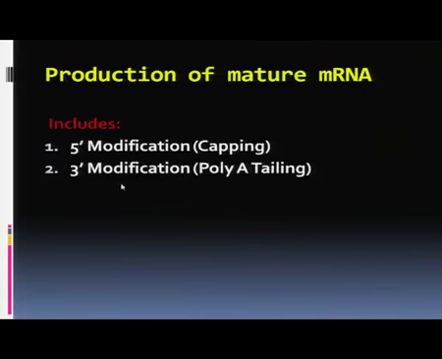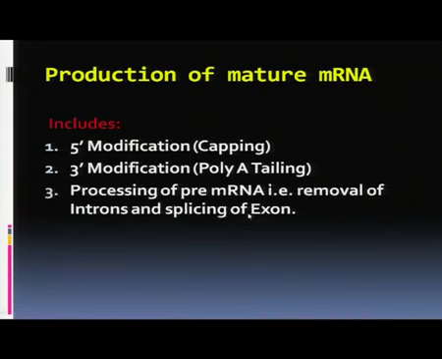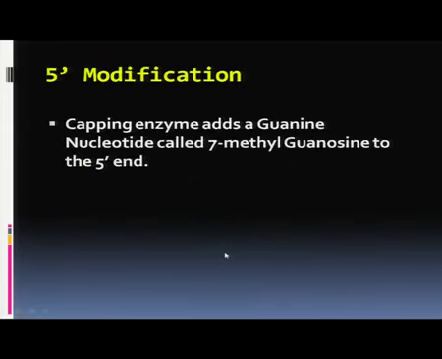Second is 3' modification, which is called poly-A tailing, and third is processing of pre-messenger RNA, that is removal of introns and splicing of exons. So, these three processes participate to form mature messenger RNA. Let us talk about 5' modification, that is capping.